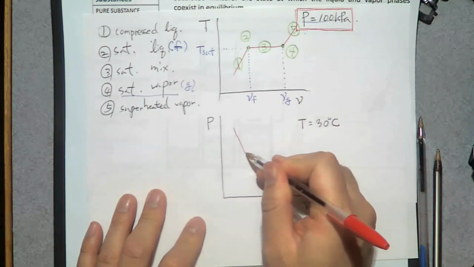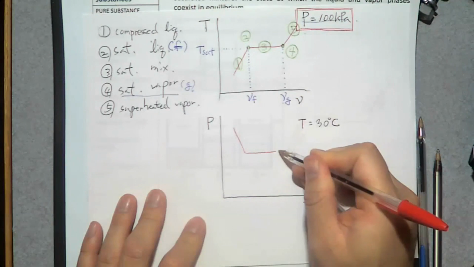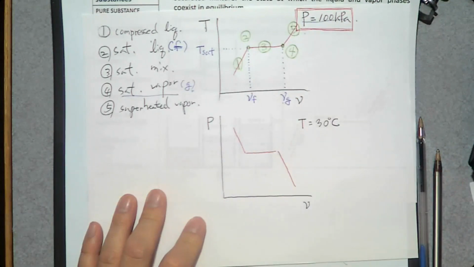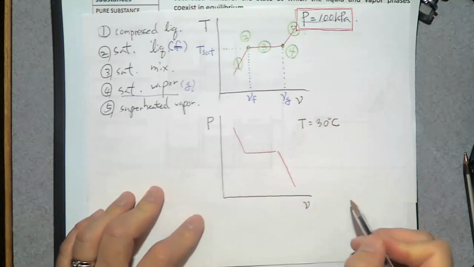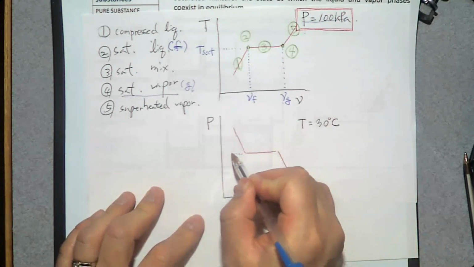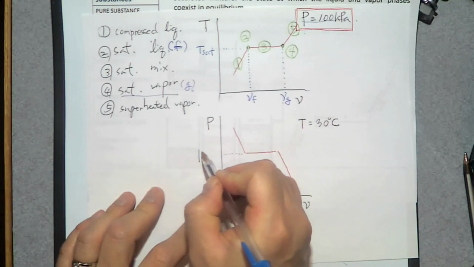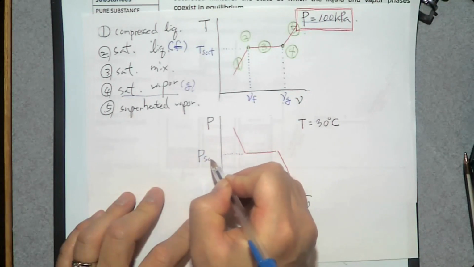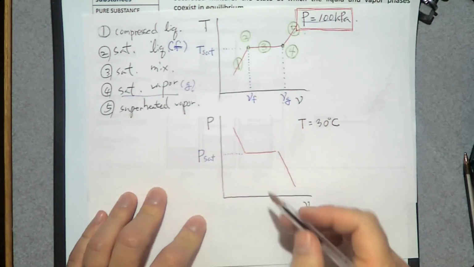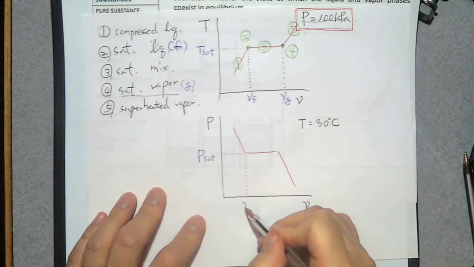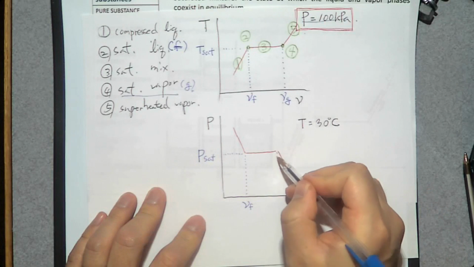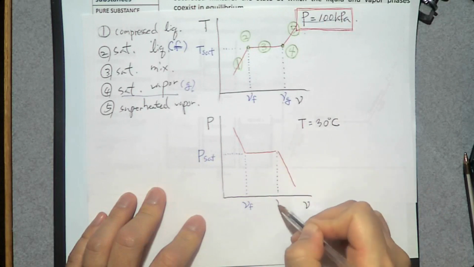And there are 3 properties you need to complete this PV diagram. They are P sat, Vf, and Vg.